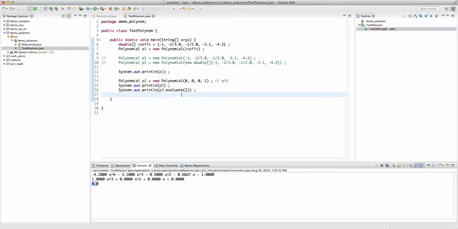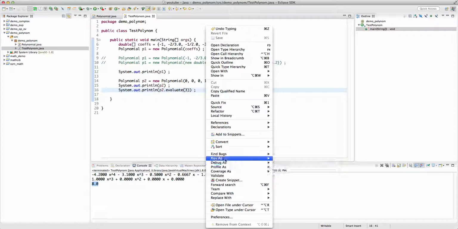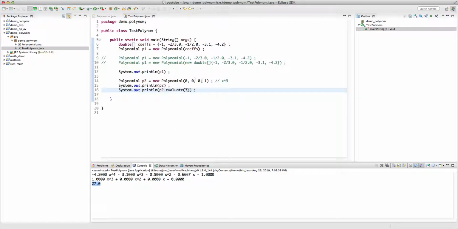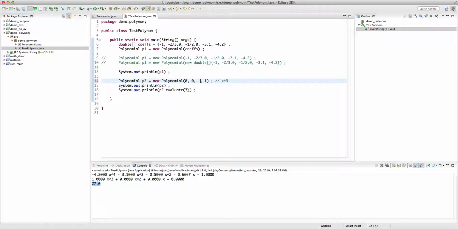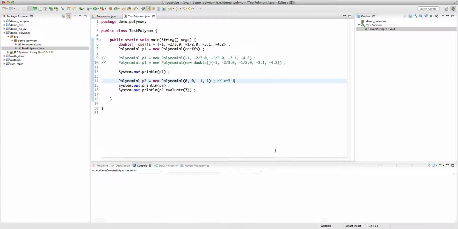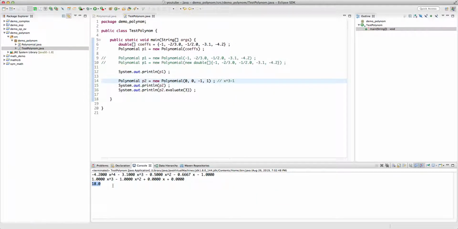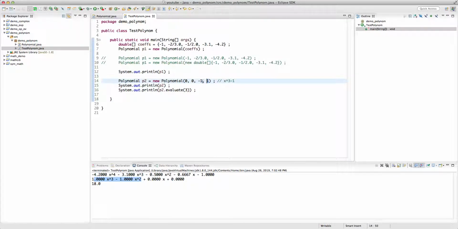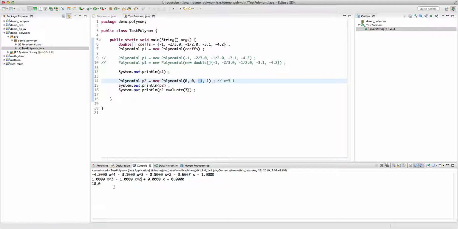Now it works. At 3, it should return 27, right? Now let's write x3 minus 1, and we end up with at x3, 27 minus x3 minus x squared, right? So x3, this is the coefficient of the third term, this is the coefficient of the x squared. 27 minus 9, 18, that's right.